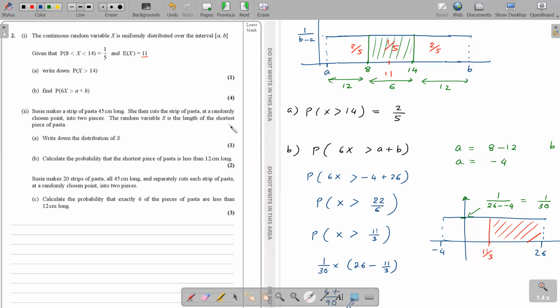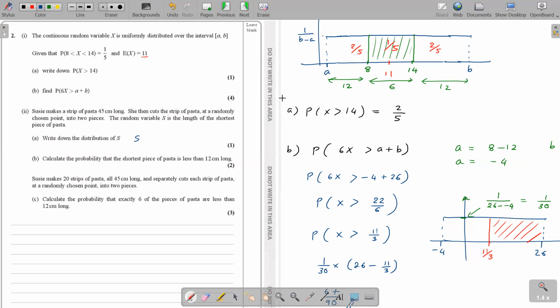So they say S is the length of the shorter piece. They are asking you to write down the distribution of S. So when you cut it into 2, the shorter piece length will lie in between what and what range? Now your whole length is 45. The shorter piece is going to be less than half of this 45, isn't it? So you can see here, S follows a what distribution?